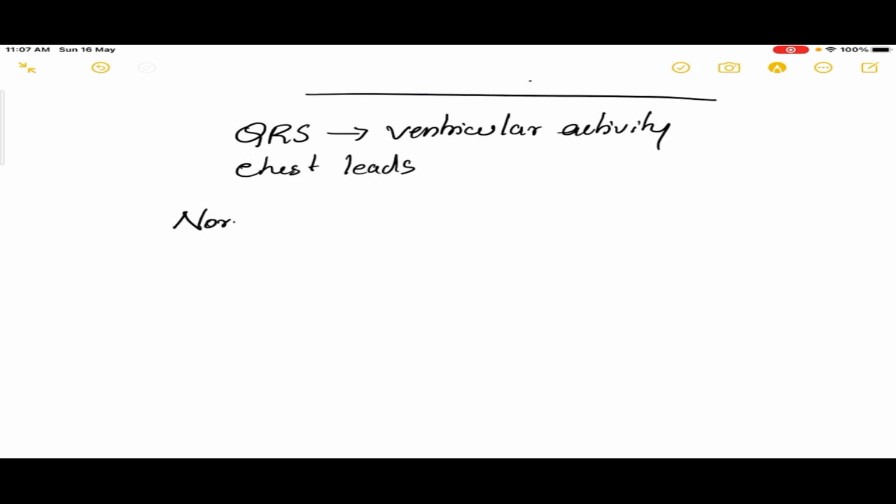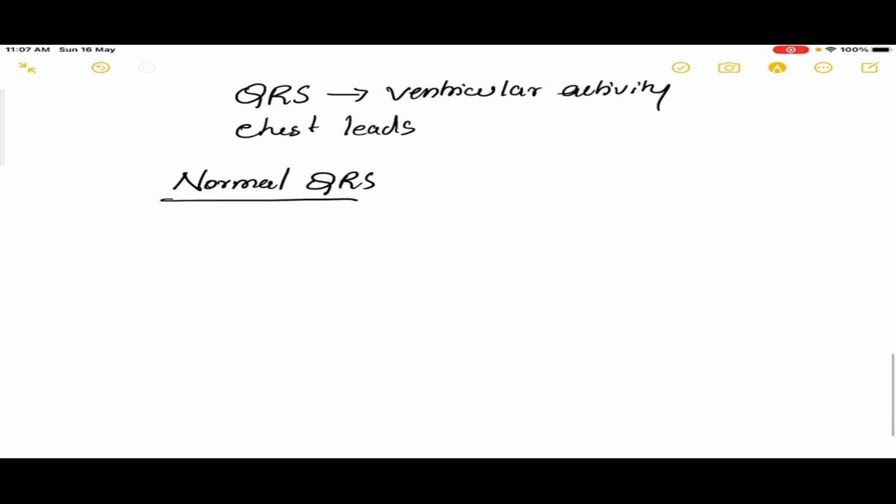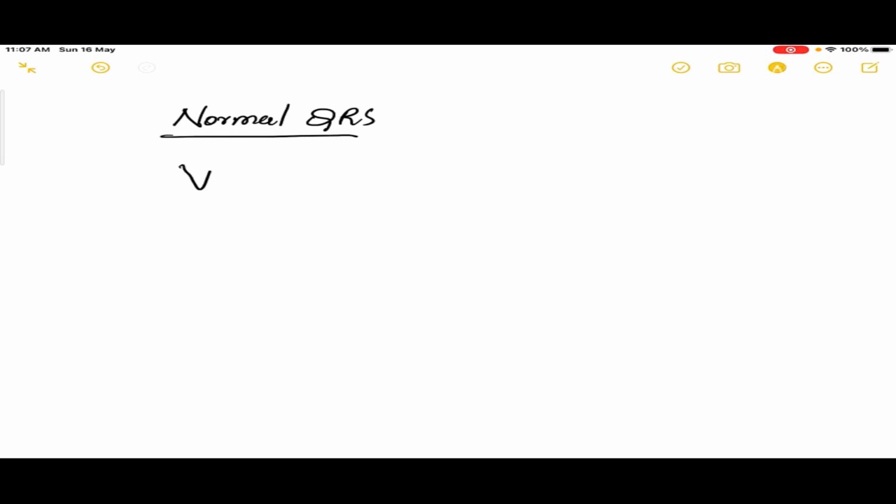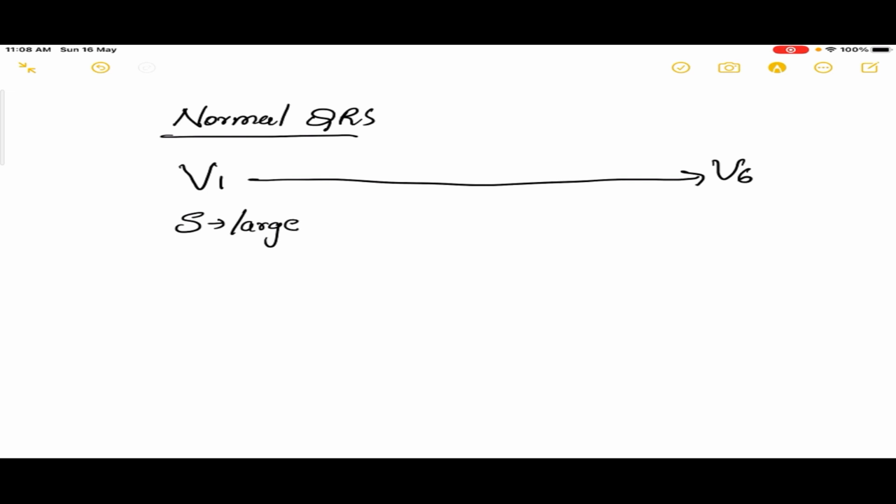Normal QRS wave: when you go from V1 to V6, there are certain changes occurring to the QRS waves. Basically the S wave is large in V1 and when it goes towards V6 it becomes small or absent.